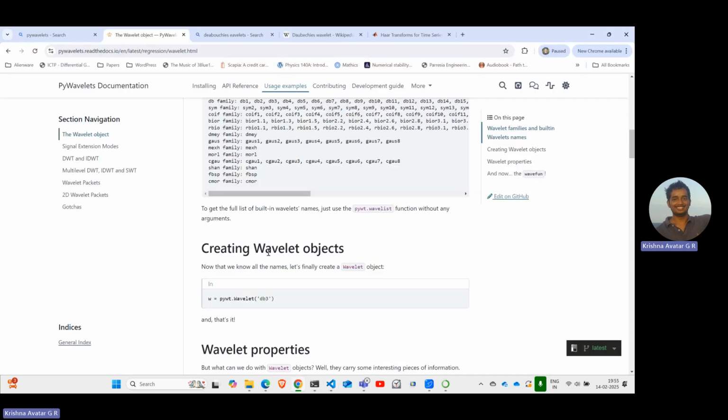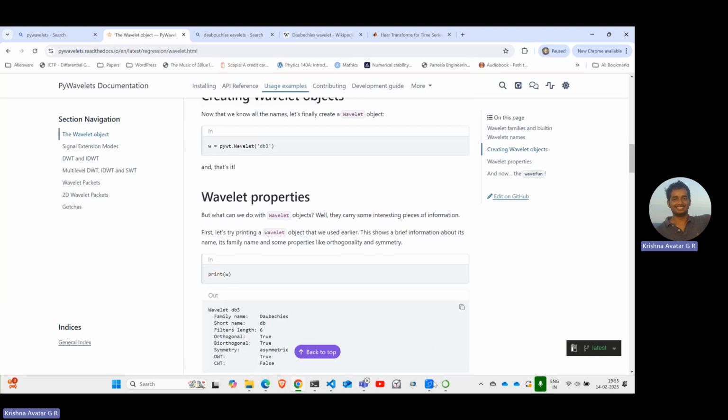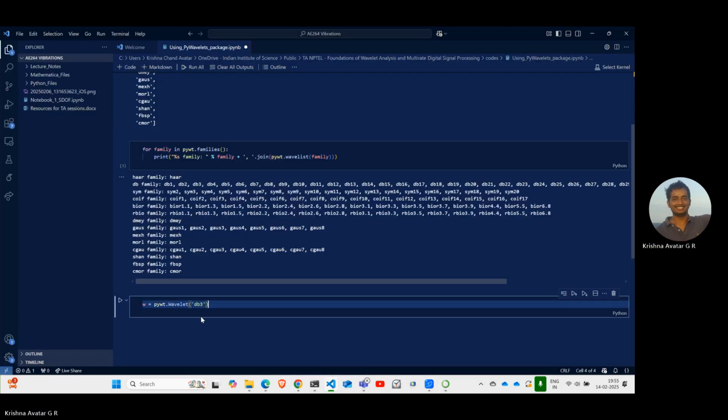Now let's move forward and let's create a PyWT wavelet of, it says Daubechies, but let's start with the simplest case. So I'll call it Haar, and let's enter it.